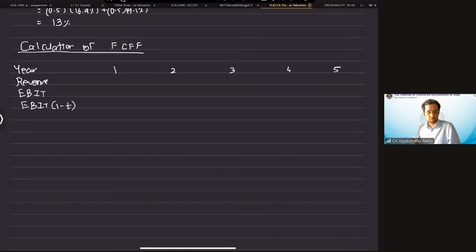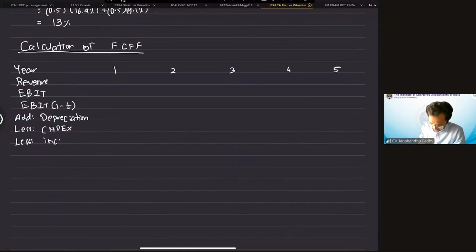To that, we are going to add the depreciation figure. Then we're going to subtract the capital expenditure or investment in the fixed asset. Further, we're going to subtract the increase in working capital. And then you have free cash flow for the firm, FCFF.